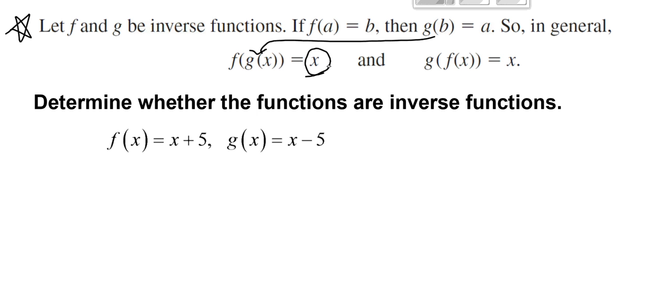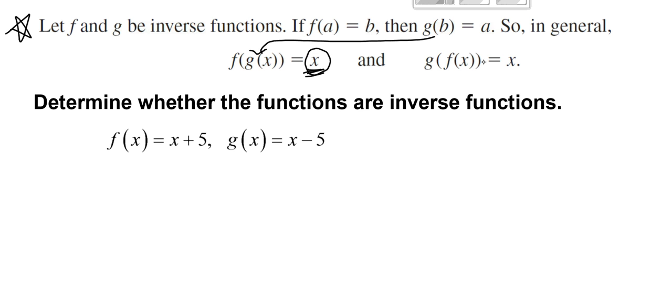It simplifies to be x. If you put a value in and then put back what you got, you should get back the value you started with. So that should go either way. If you do the composite function f of g of x, it should be x, or g of f of x, and it should be x.